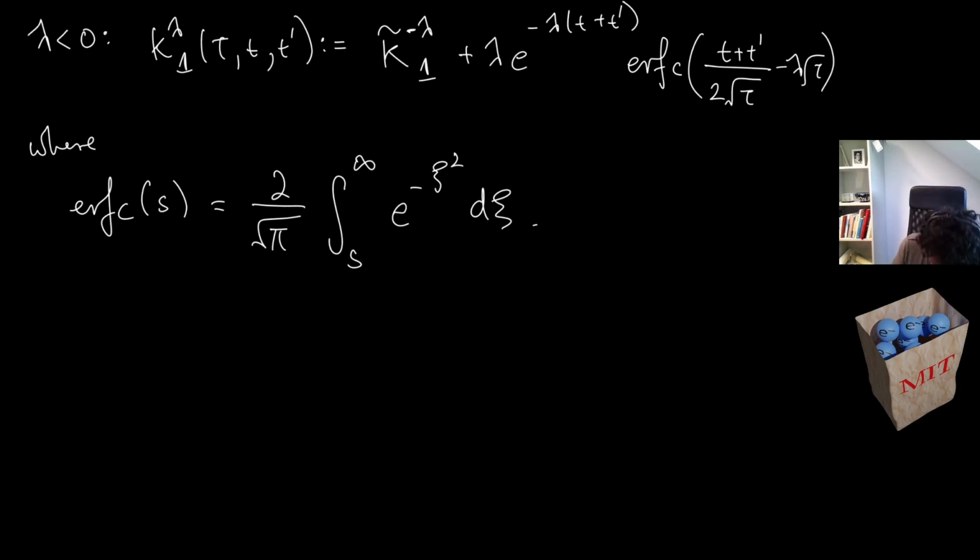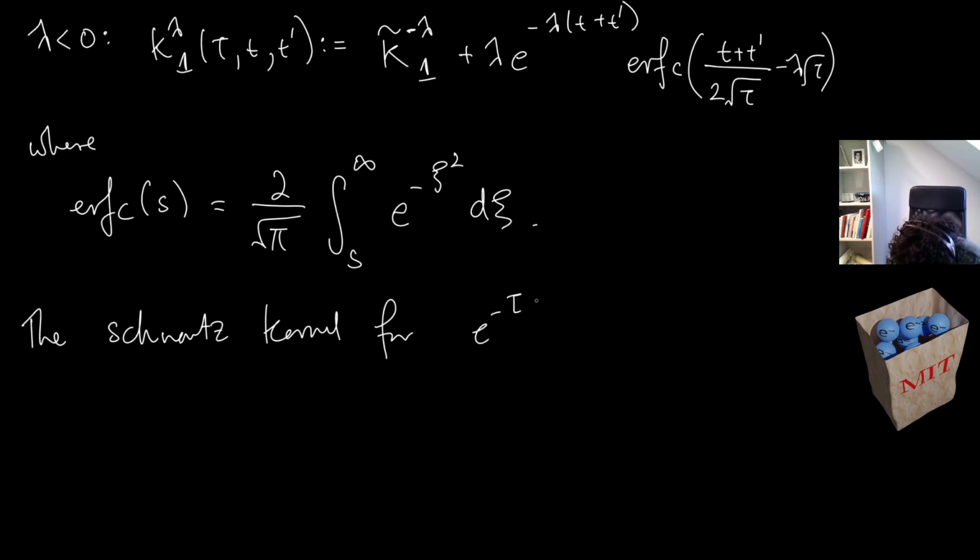So now I'm going to give you the kernel. So the kernel, the Schwartz kernel, for e to the minus tau Laplace 1 is then the following.